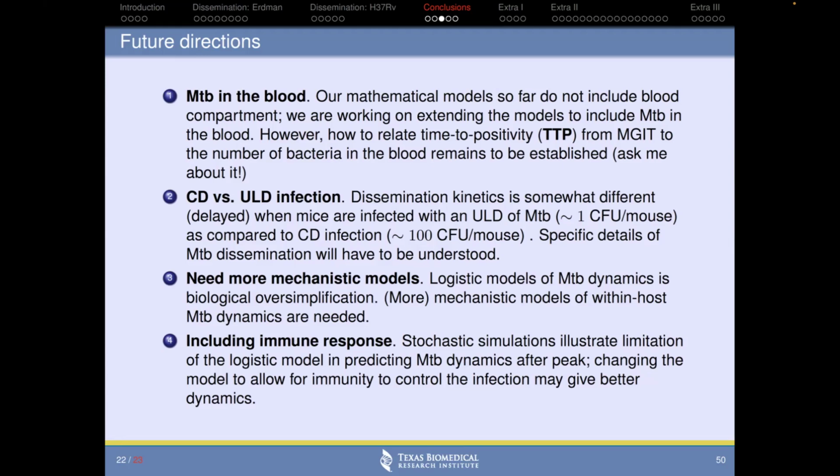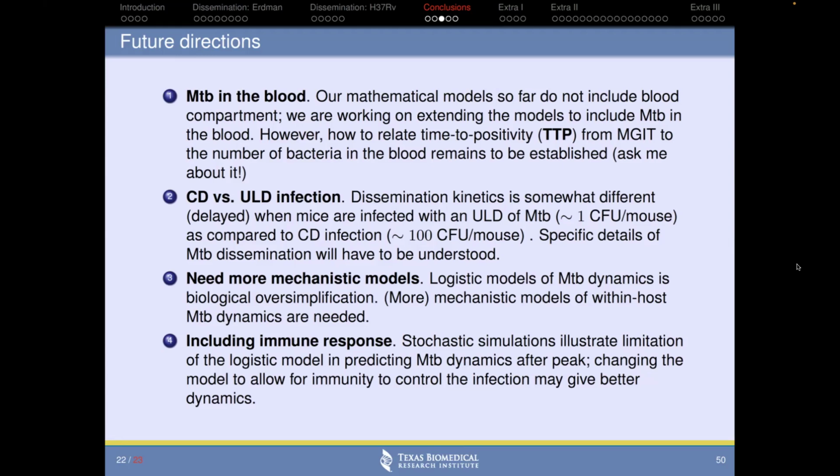Some viruses and bacteria have different variants. So can variants also be impacting that? Can different variants of the same virus impact the dissemination pathway? I don't have a good answer on that. In this case, it's bacteria, not viruses.